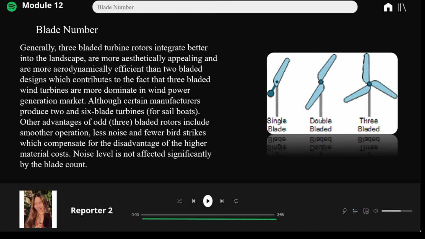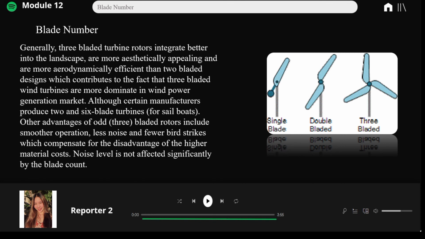Although certain manufacturers produce 2 and 6 blade turbines for sailboats, other advantages of three-bladed rotors include smoother operation, less noise, and fewer bird strikes, which compensate for the disadvantage of the higher material costs.